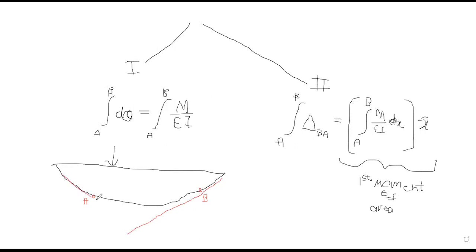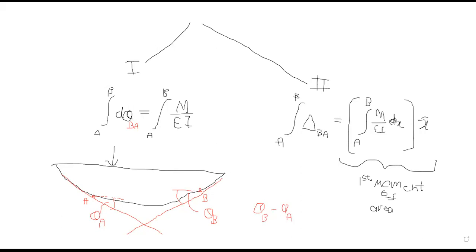Here there will be theta A, and here there will be theta B. So what it really means is the difference between the thetas from A to B. Always consider B to A, so that means B with respect to A, so theta B minus theta A.